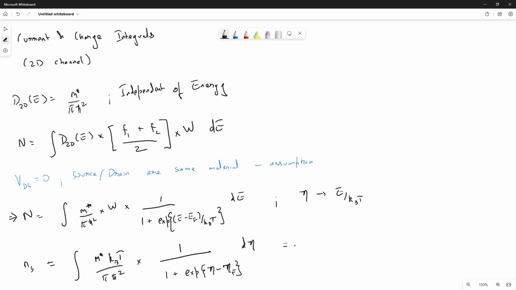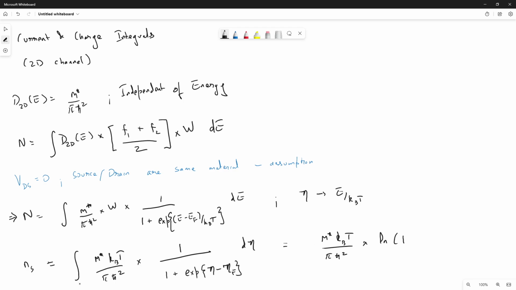I'm not doing the integral, I'm sure you guys can do this. I'm just going to write the final answer. It's going to be m star kbT divided by pi h bar squared into natural logarithm of 1.